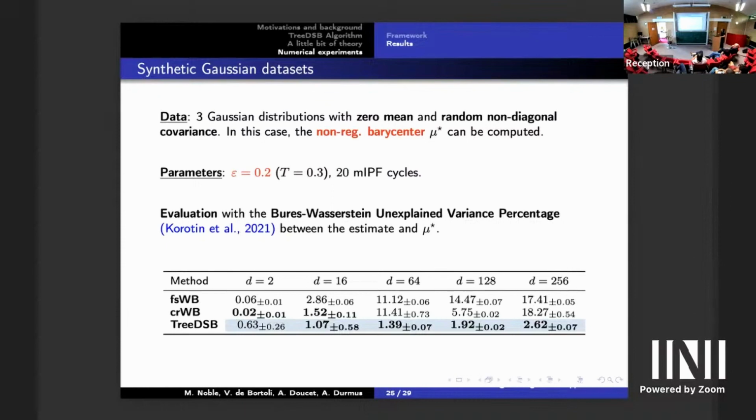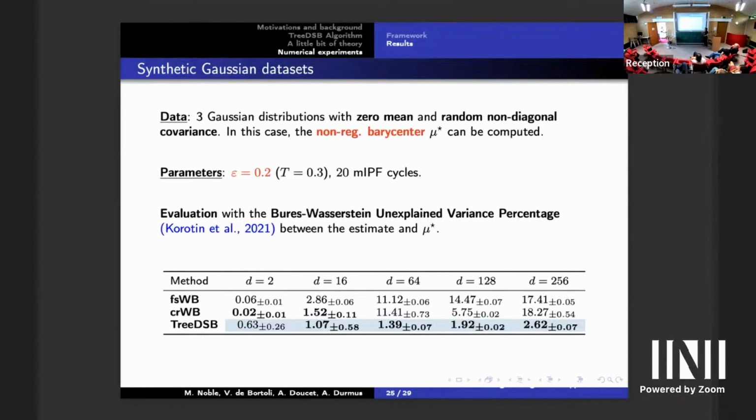So I run experiments for dimension 2 to dimension 256 with a small regularization parameter. And what I display as a comparison with other methods is simply the Wasserstein 2 distance between the Gaussian estimation from the barycenter that I get. So imagine that I get a barycenter, then I simply compute the mean, I compute the covariance, and I say, okay, I have a Gaussian estimation by taking the mean and the covariance.